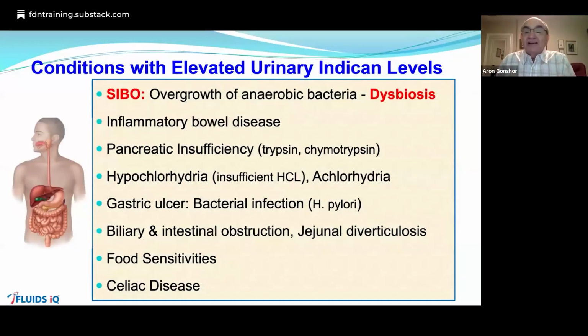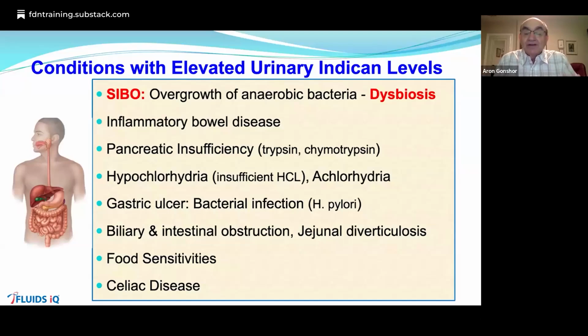Well, what gives you elevated indican? Well, one of the most important things that happens is the effect of dysbiosis, as I said, and that's SIBO. That's the overgrowth of bacteria in the small intestine. Very important, and I know many of you actually test for it. It is an important test. People with inflammatory bowel disease will have that. Those who have pancreatic insufficiency.